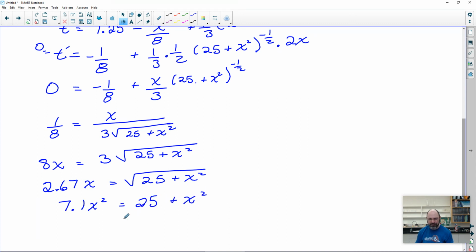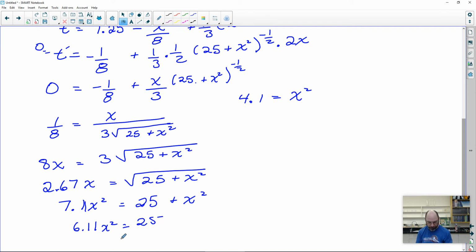Okay, subtract the x squared from both sides. We get 6.11, I'll do 2 decimals there for the heck of it, x squared equals 25. Divide 6.11 on both sides into 25, and we get 4.09 or 4.1 equals x squared, because I divided it on both sides.